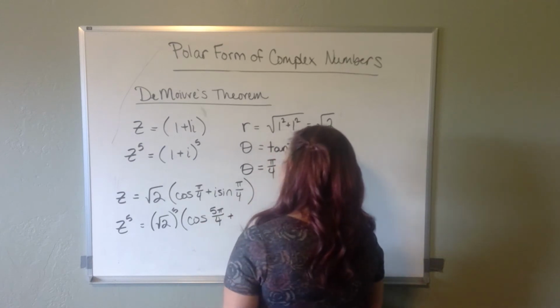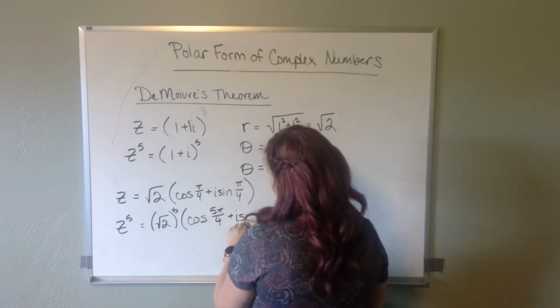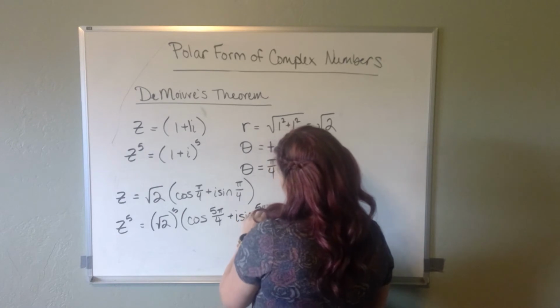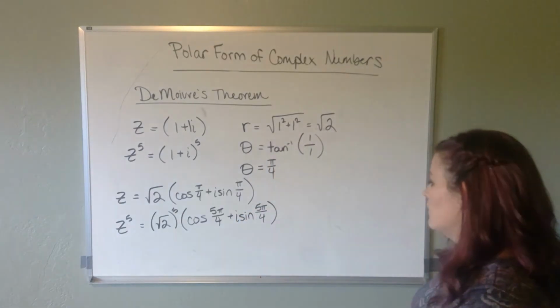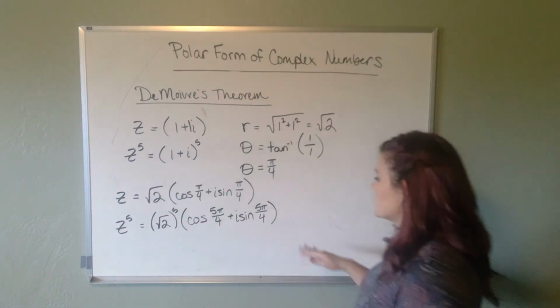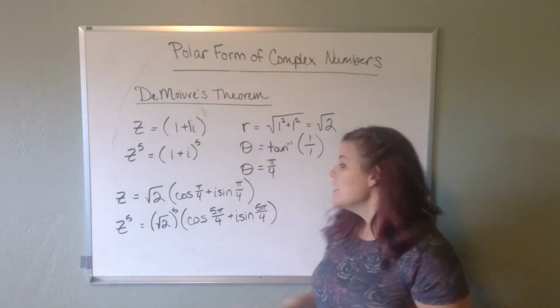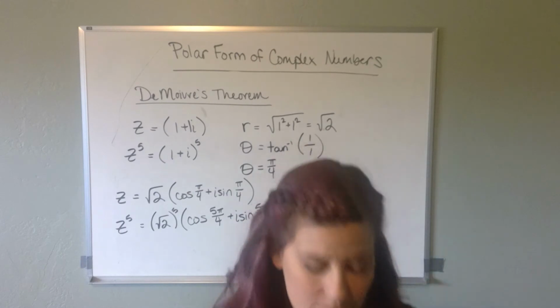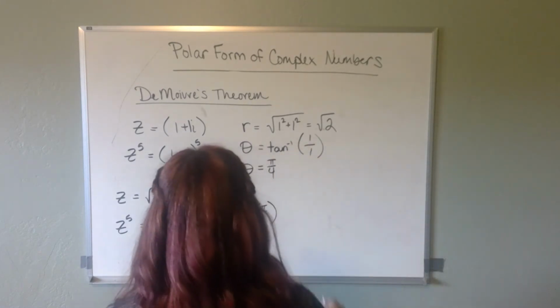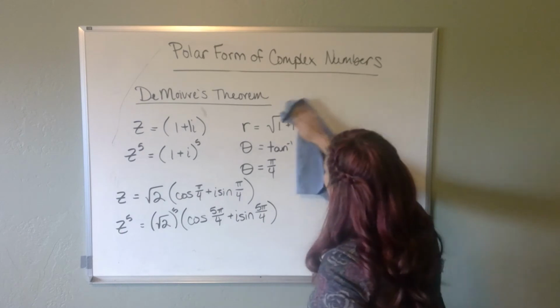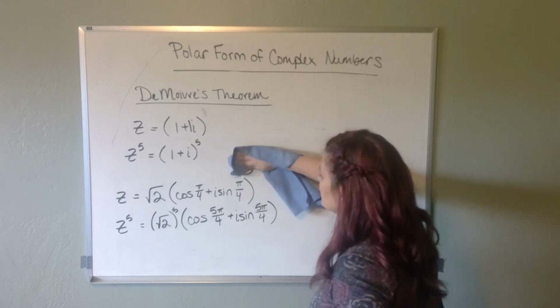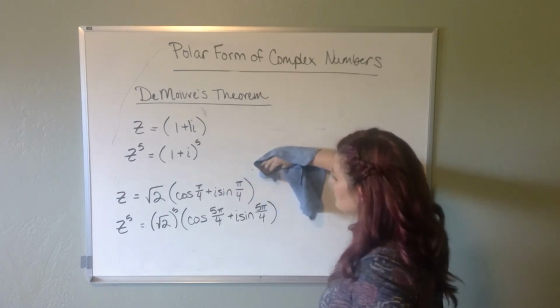So I get cosine 5 pi over 4 plus i sine 5 pi over 4. And you guys, I've taken it to the 5th power. So yes, we have taken it to the power technically. This is the answer for z to the 5th, but I'm pretty sure it wants you to convert it back to standard form on this question.